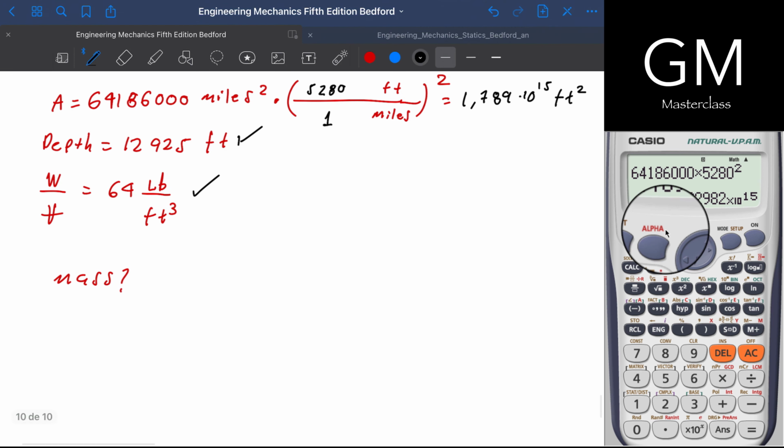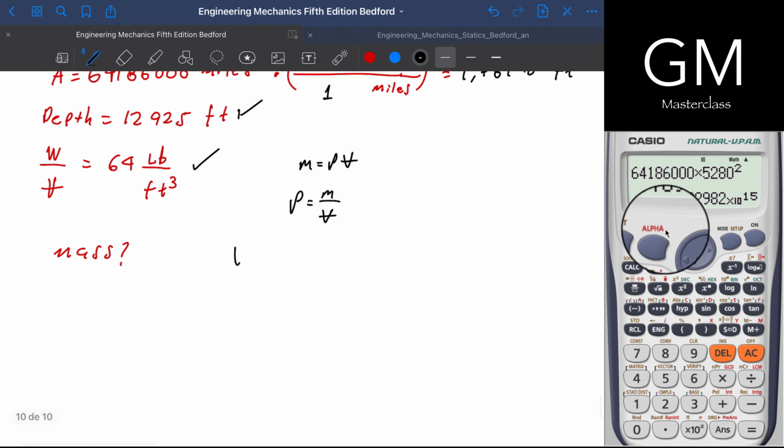The first thing that I have to notice here is that they are talking about a mass. So we all know that mass is given by the equation of the density. The density is equal to a mass divided by a volume, which means that the mass is equal to a density multiplied by a volume. Alright, first I'm going to look for this value.